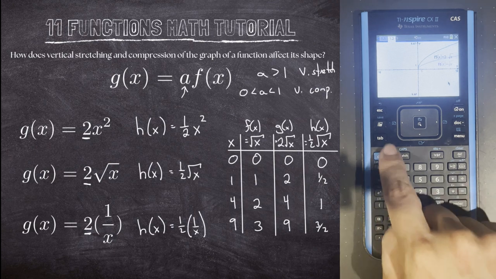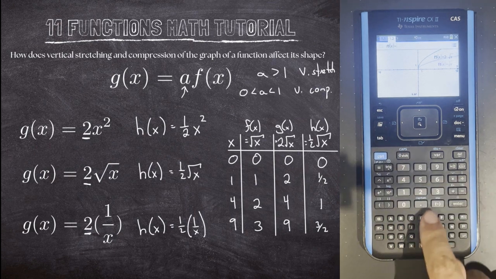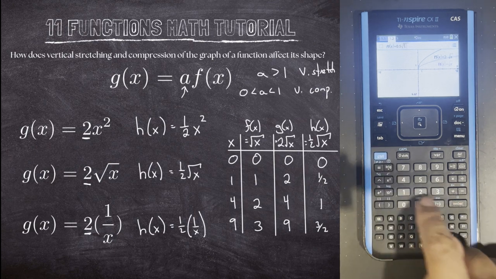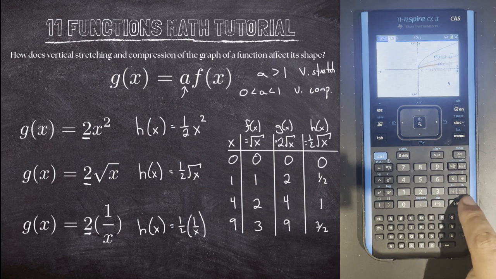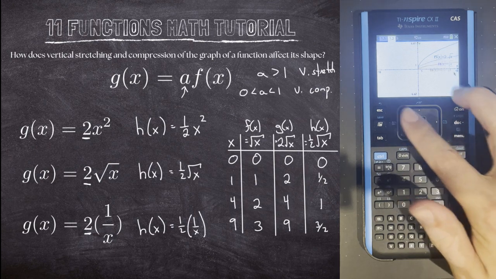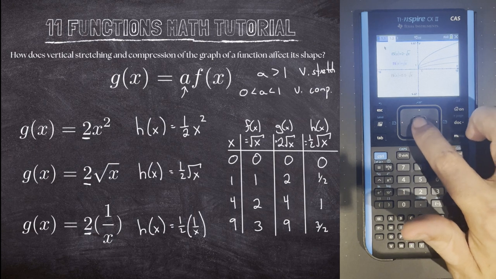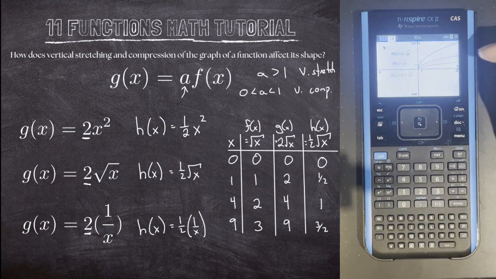And finally, we'll put in 1/2 the square root of x. So here you can see the 2 root x is being stretched vertically, and the 1/2 root x is being compressed vertically.